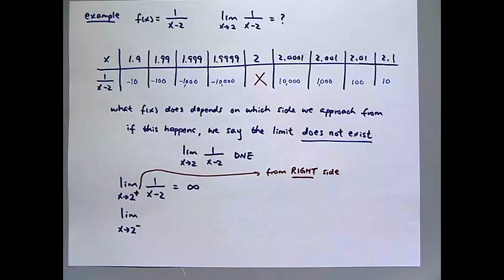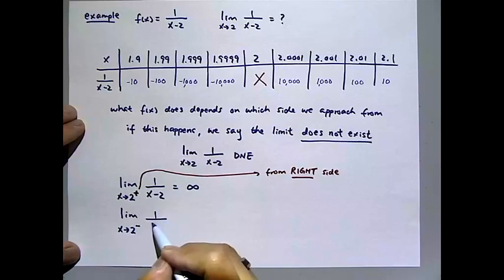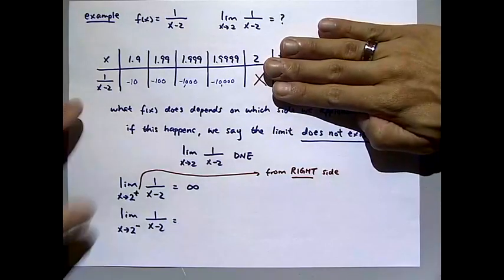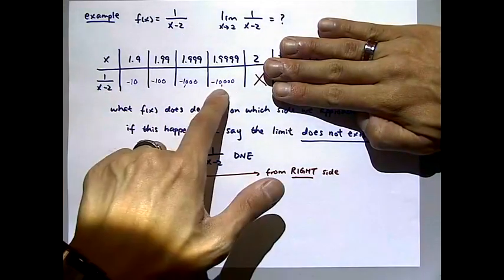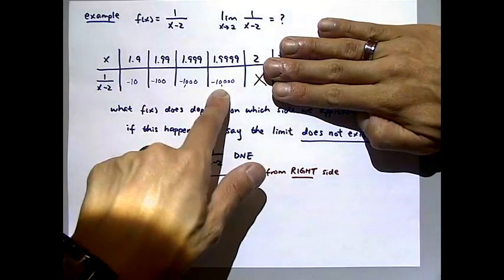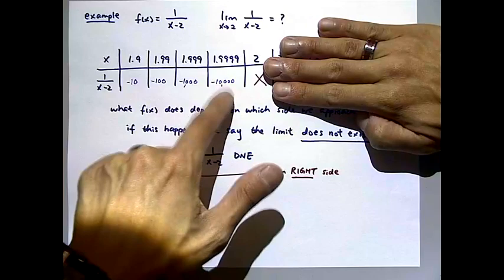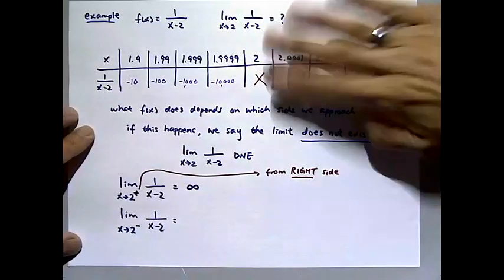Coming from the left side, something smaller than 2. Now we ignore what's going on the right, and based on the trend of these values, we can say it's going to negative infinity. This will just keep growing but remaining negative.